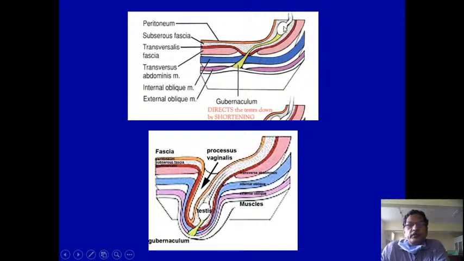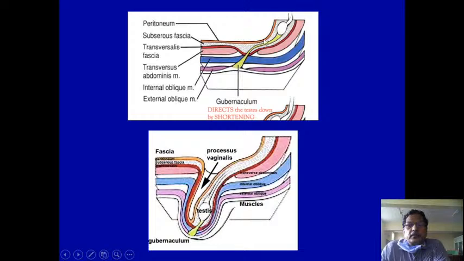And later, in another 5 to 6 months, that is between 7 and 9 months, it reaches the bottom of the scrotum. So the final descent from the external ring of the inguinal canal to the bottom of the scrotum takes place within the final 4 to 6 weeks.